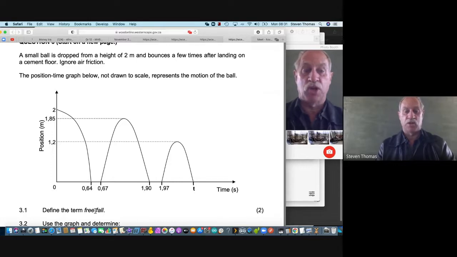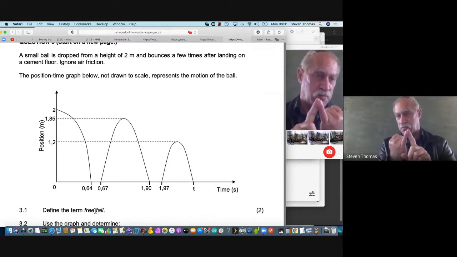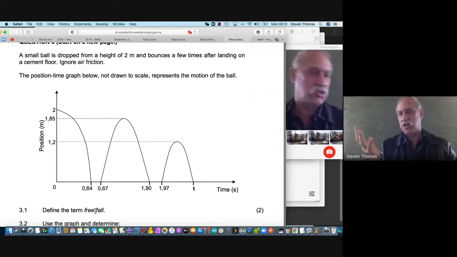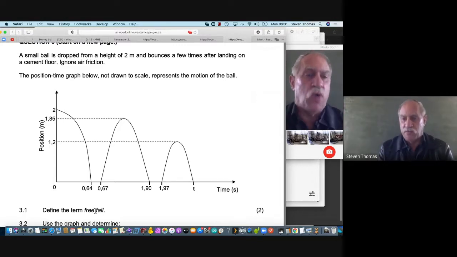Okay, define the term free fall. So you've got to choose a direction. In all question 3s, they're going to ask you, what is a projectile, or define free fall. It's the same thing. It's where there's one force, and that is the force of gravity acting on the object in the air. There's no friction, no air friction. It is just the force of gravity acting in the air.